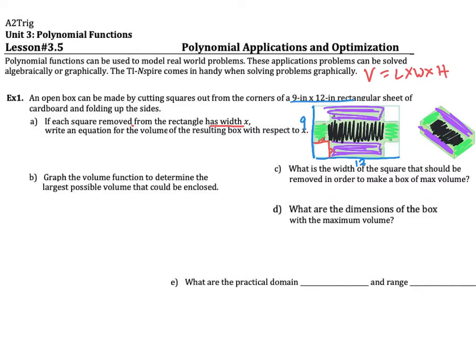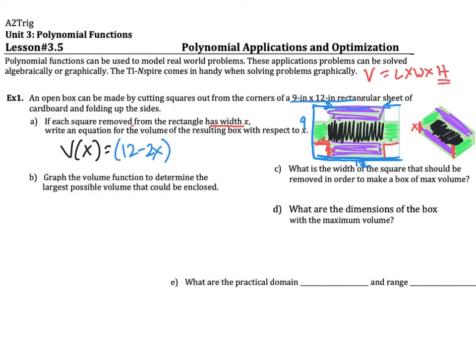So if we look at it, these two x's, they fold up and they come together to make these corners, right? These two x's fold up, come together. So my height is actually x, so it's length times width times height, so my height is equal to x. Now what is my length and width? Well, this was originally 12 inches right here, but I'm going to subtract an x and subtract an x, so that's going to be 12 minus 2x.